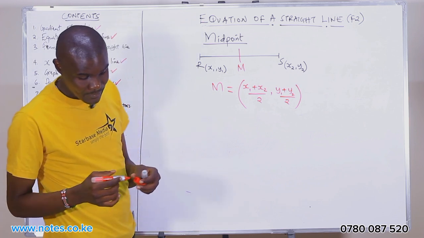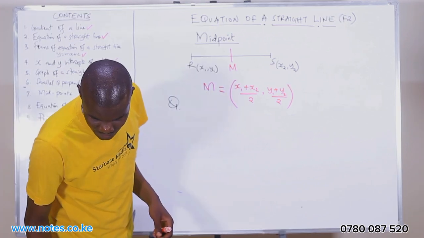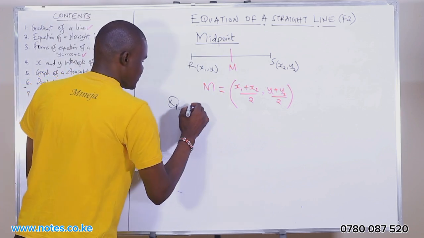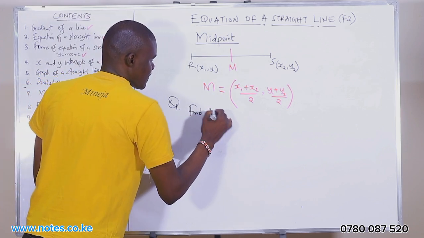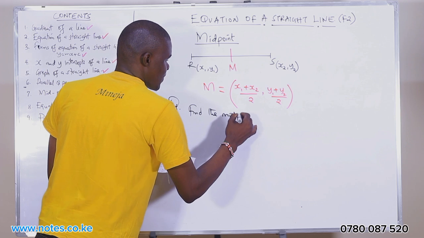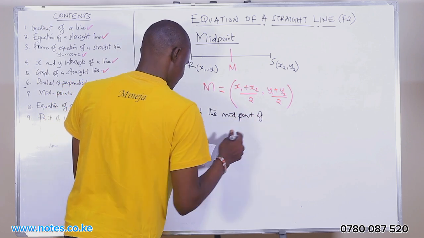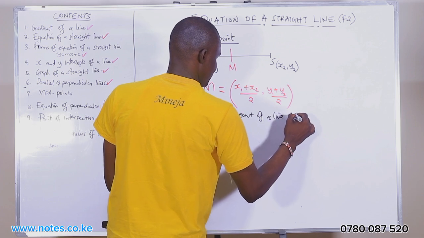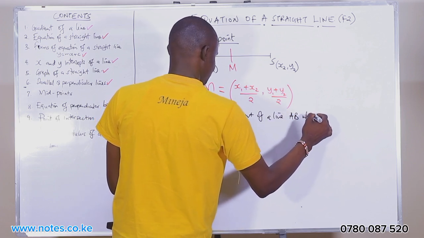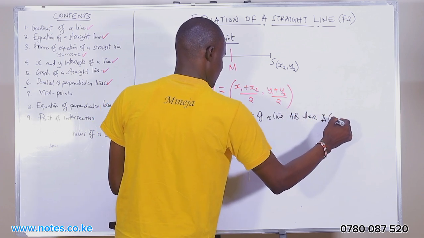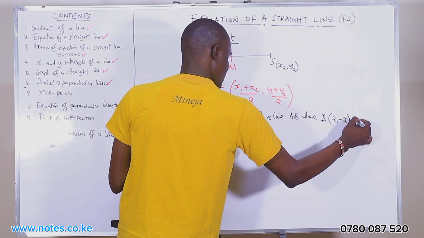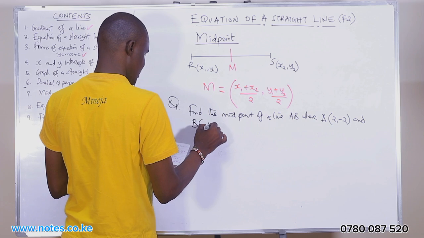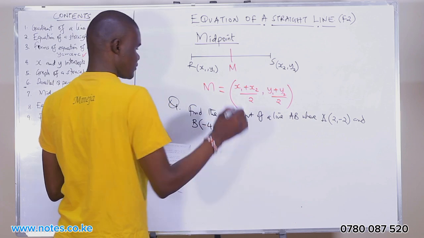You get the midpoint. Let me get a question here. Find the midpoint of a line AB where A is (2, -2) and B is (-4, 3).